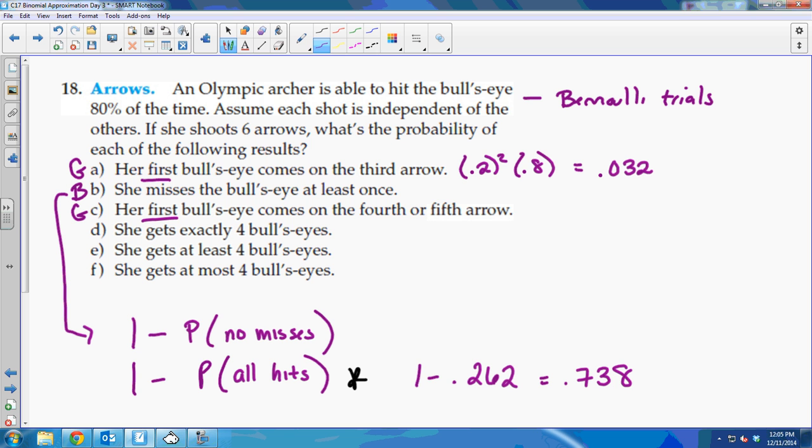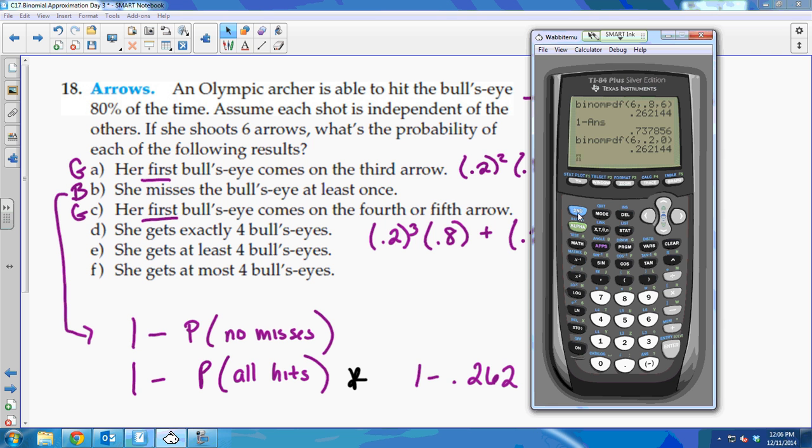She gets it on the 4th time, which means she misses the first 3 and then gets it on the 4th one. Or she misses the first 4 and gets it on the 5th one. You could do this by doing geometric PDF twice and adding them together.